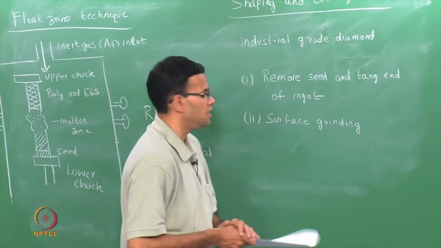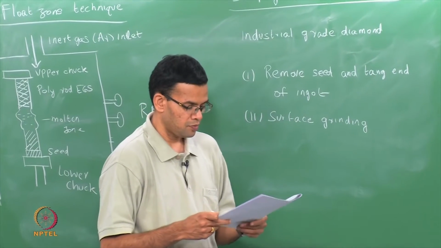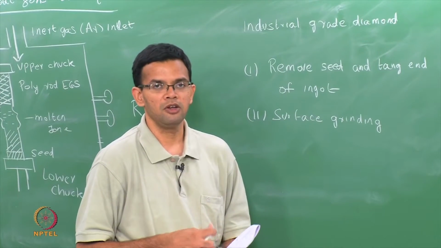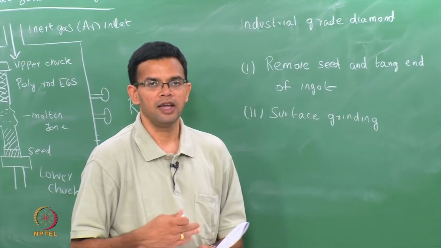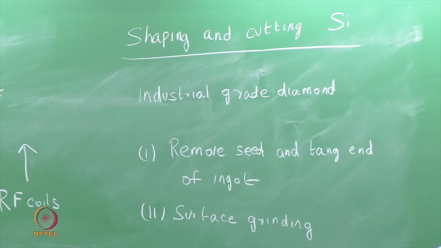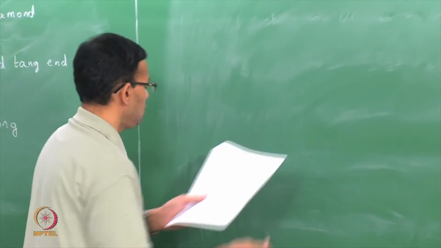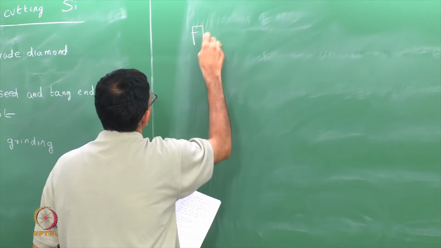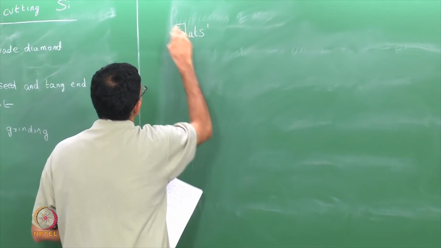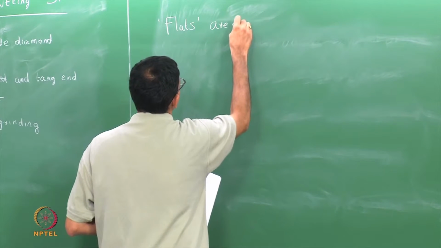Once you remove the seed and you do the surface grinding, then we also grind something known as flats along the entire length of the wafer. So, after the surface grinding operation, flats are ground along the length of the wafer.